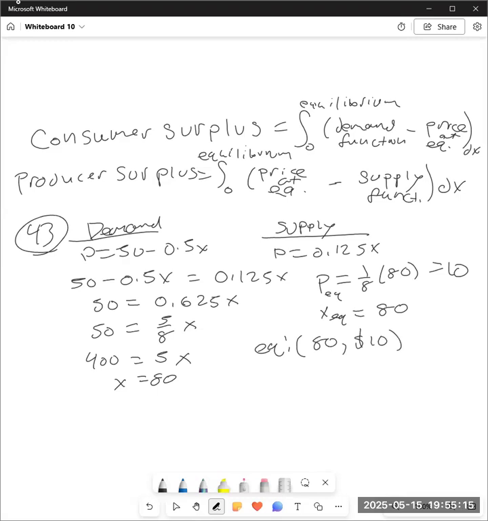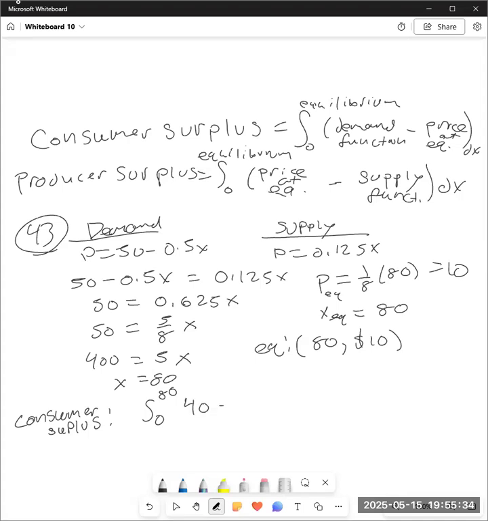That gives me consumer surplus will be the integral from 0 to 80 of the demand function minus 10.